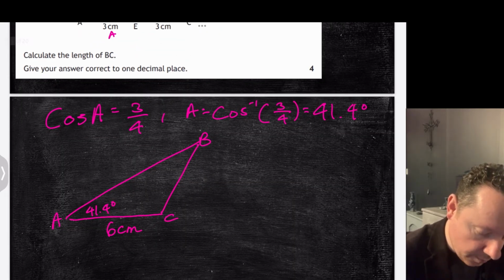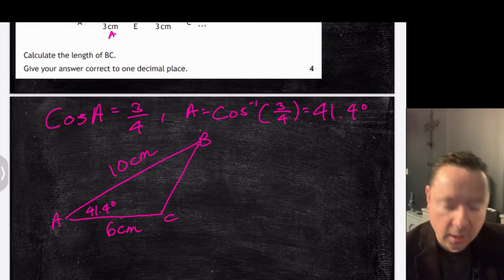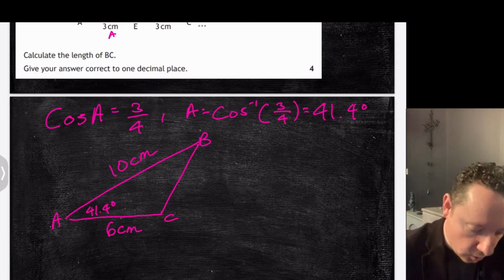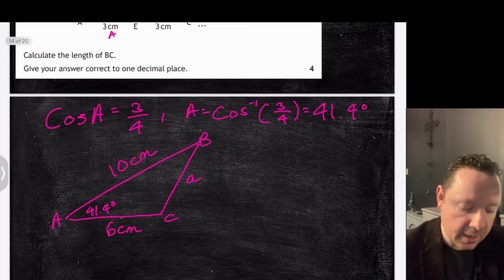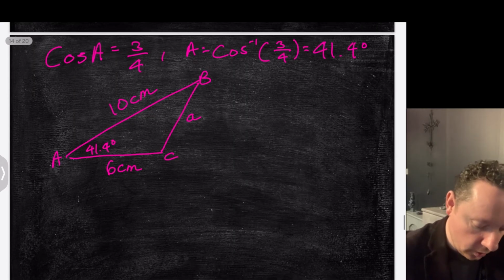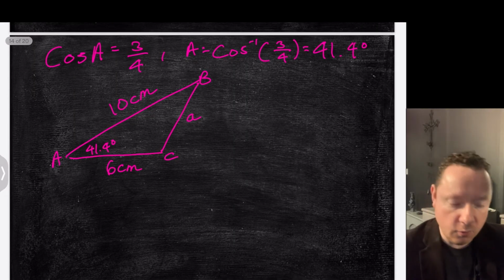So now it's a simple cosine rule question. How do I know it's the cosine rule? Because I have to work out this side here, A. I've got three sides, including the missing side. That's the cosine rule. So going to the start of my exam paper, I copy the cosine rule for a side.